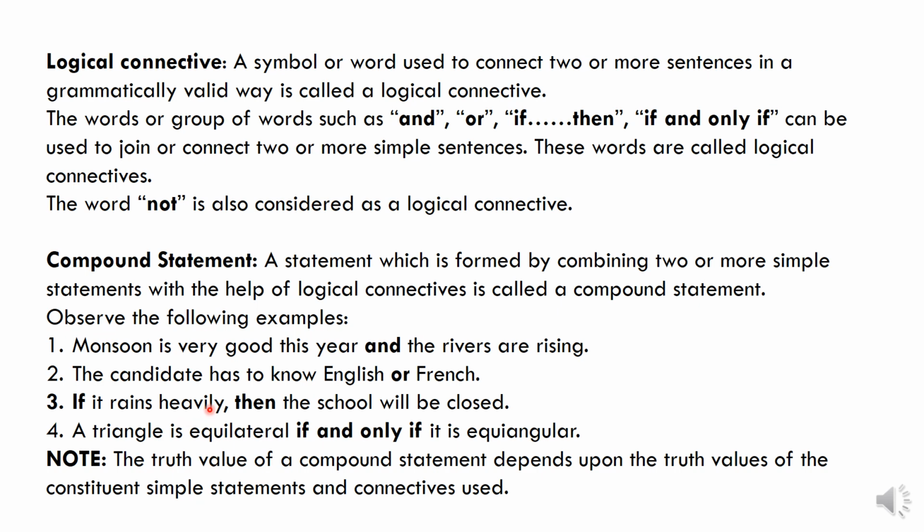It rains heavily, the school will be closed are simple statements which are connected by if then. A triangle is equilateral if and only if it is equiangular. Here the simple statements are a triangle is equilateral, it is equiangular. Both of them are connected by the connective if and only if and form a compound statement.